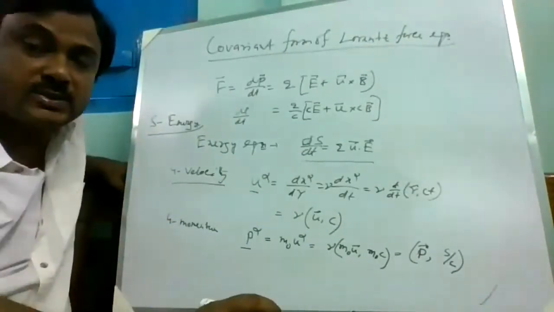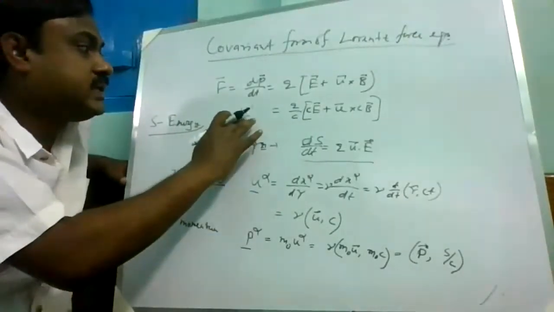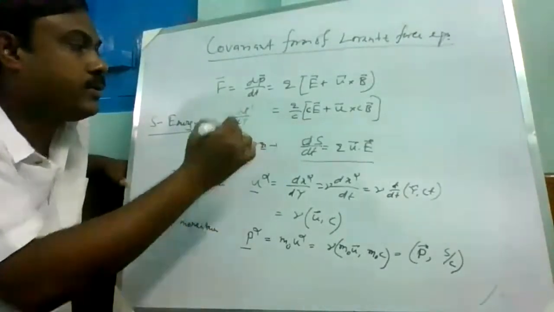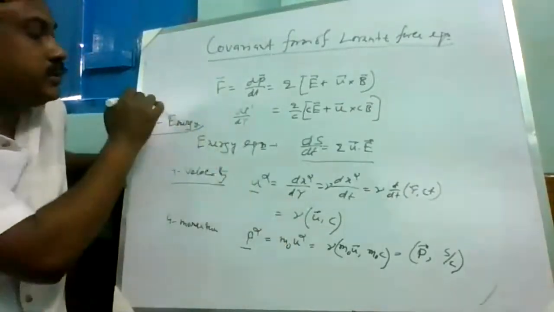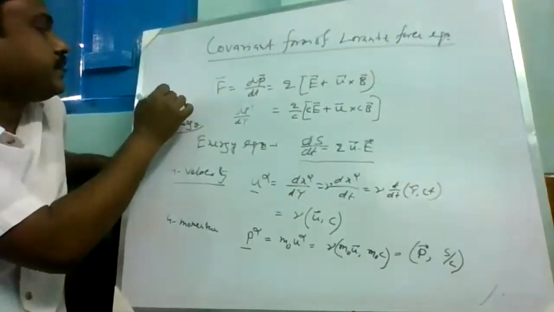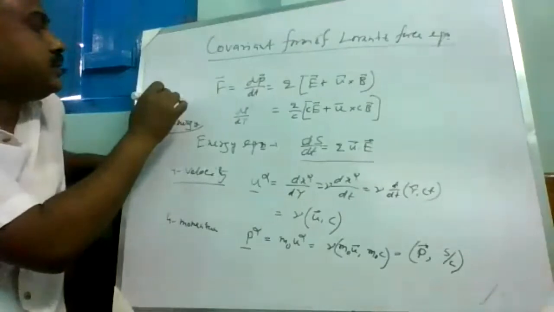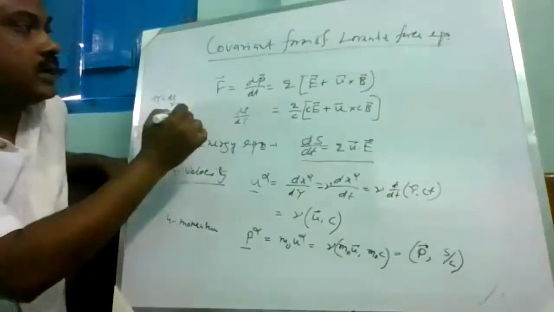Now since dt is not the proper time and d tau is the proper time, we are using dp1 by d tau. From the relation, we know d tau equals dt by gamma, so dt equals gamma d tau.